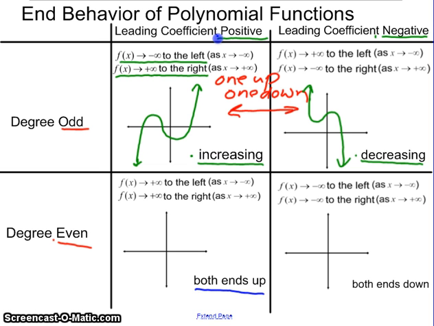So the left end is up, the right end is up, and then in between we've got some curves. If the degree is even and the leading coefficient is negative, that means both ends are down. So we've got left end down, right end down, and some squiggles in between.